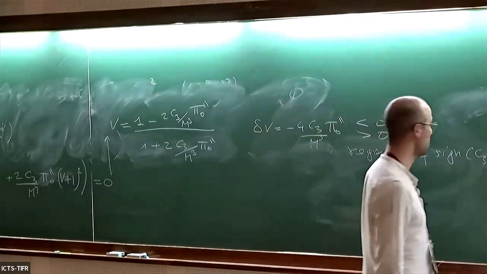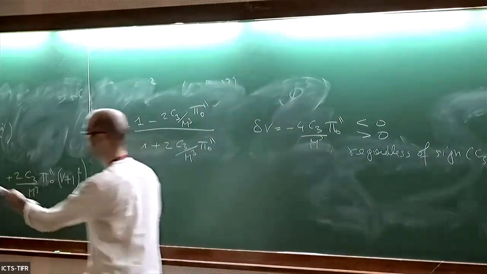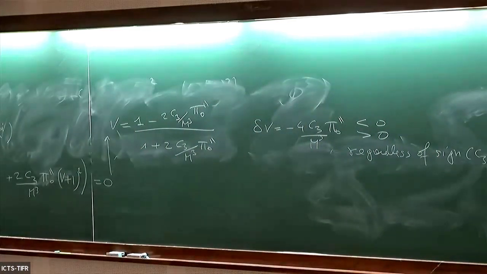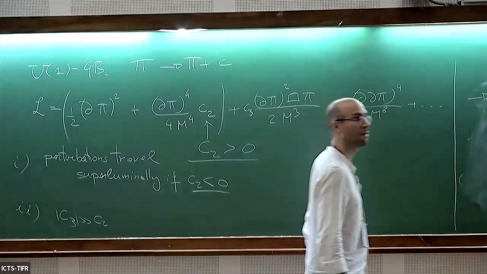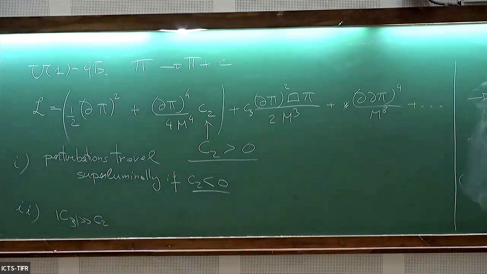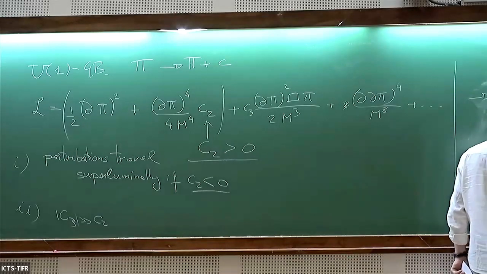As long as we can neglect C2, which was the assumption, for example by a symmetry, pi 0 here is the solution of the traveling wave for the background.